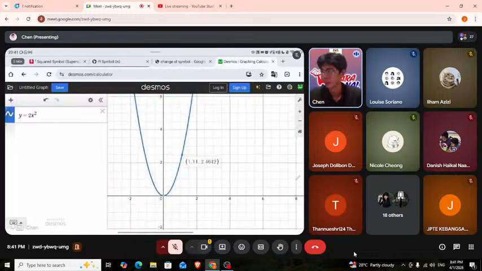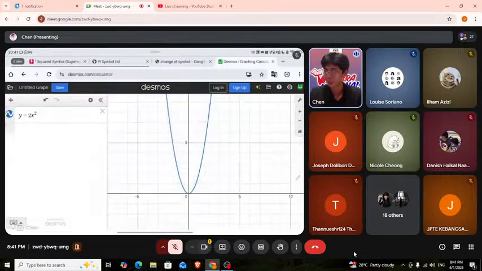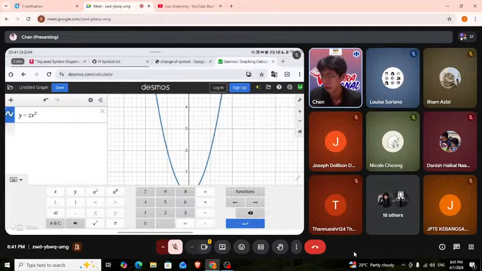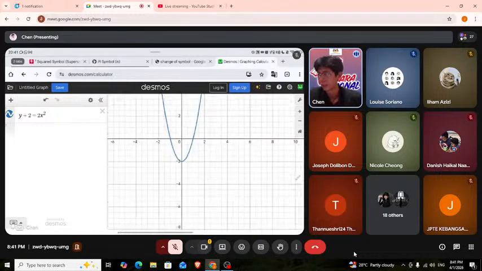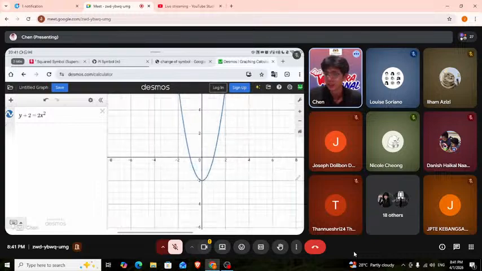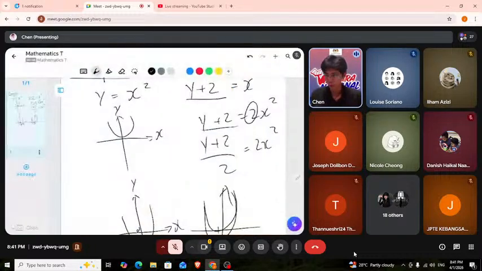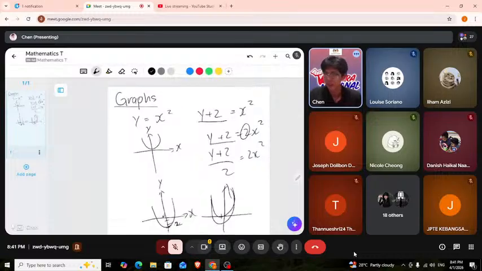Oh, it's not going left to right. As you can see, I am only human. So the graph, if I'm not wrong, is more narrow. And then if I put plus 2 here, yeah, it goes up.